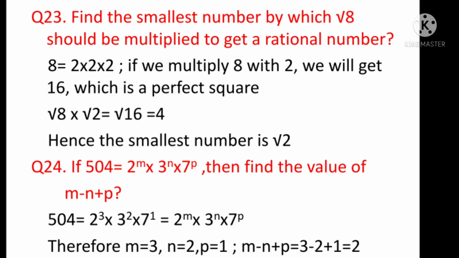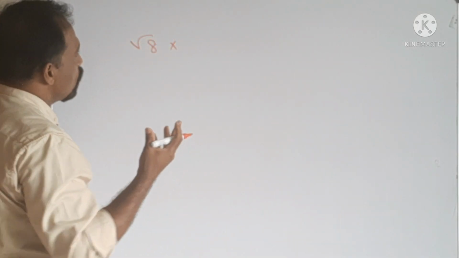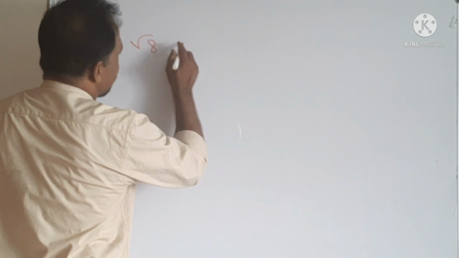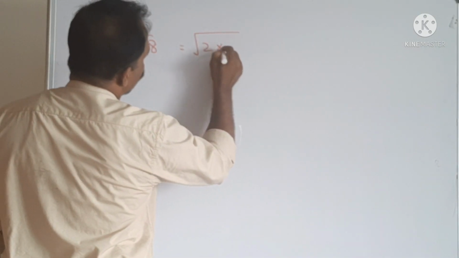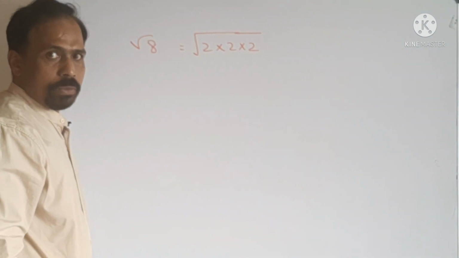It says, find the smallest number by which root 8 should be multiplied to get a rational number. Now root 8, we have to multiply it with the smallest number so that we get a rational number. So root 8 can be written as root of 2 into 2 into 2.